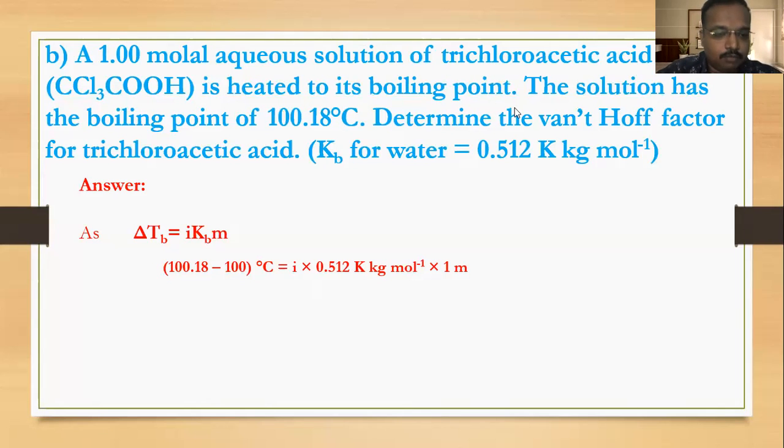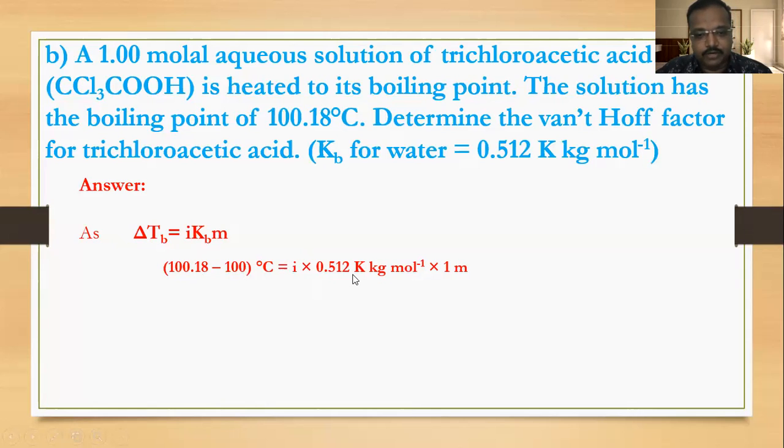So for the aqueous solution, let's say we have taken 100. Delta Tb will be the change in temperature from 100 degrees, how much it has increased. That is 0.18, and i into Kb value.